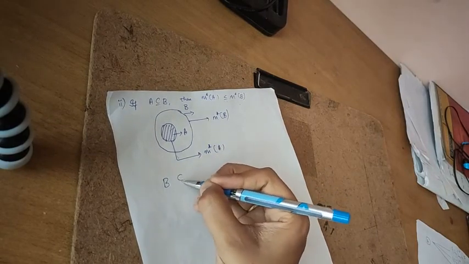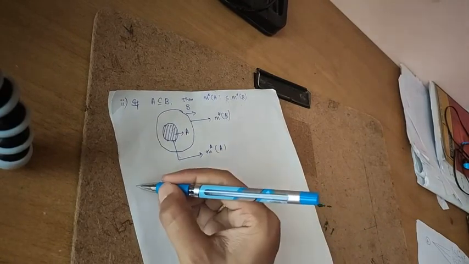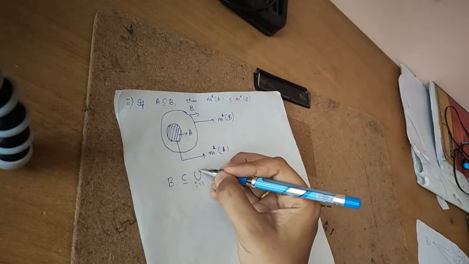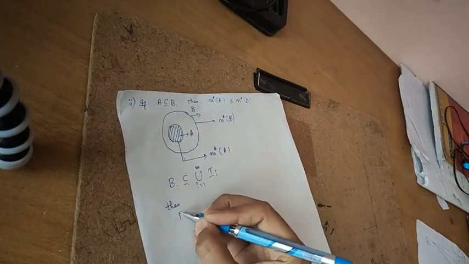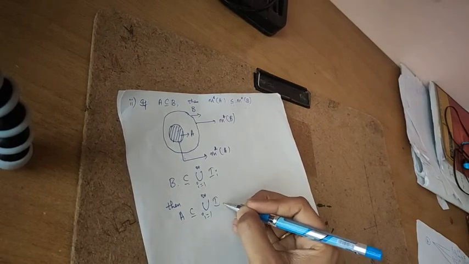Whenever B is a subset of the union over i equal to 1 to infinity of I_i, then A is a subset of the union over i equal to 1 to infinity of I_i.